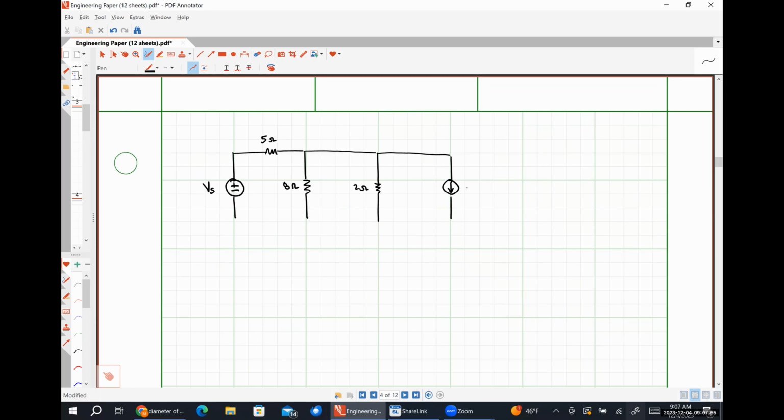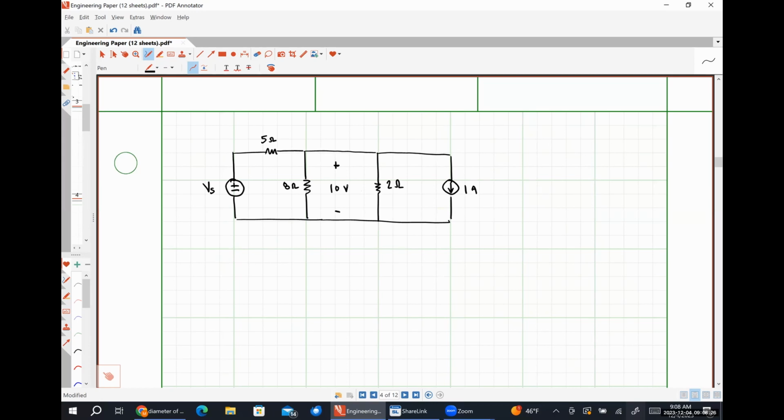This will be a 1 amp current source. We are told that the voltage drop here, I'm going to move this 2 ohms to the other side just to make it look nicer to me, is 10 volts. I want us to figure out that voltage Vs.